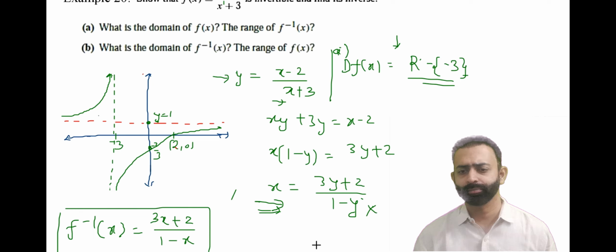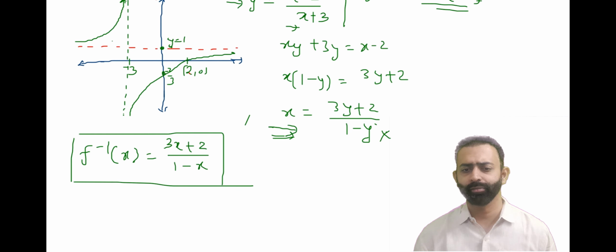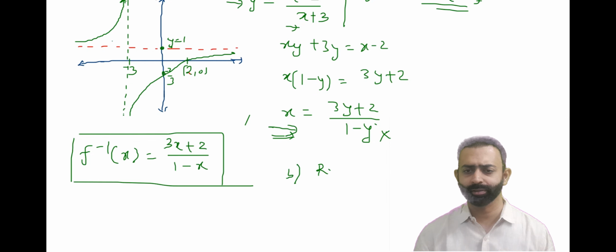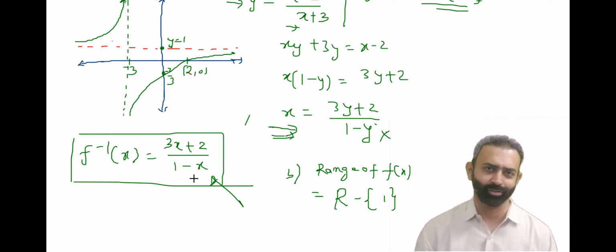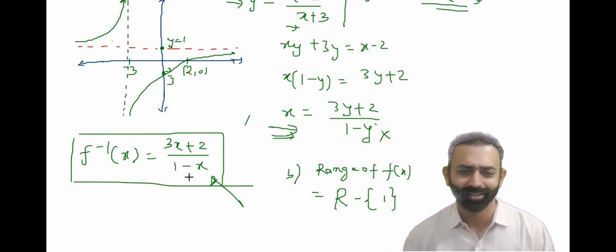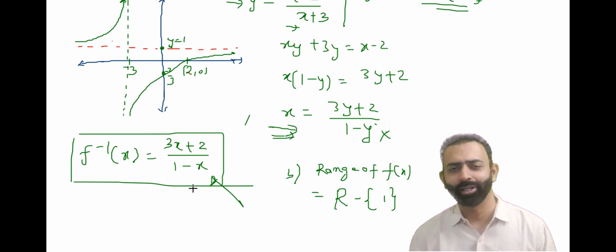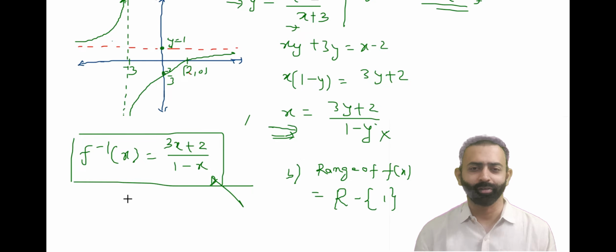For the B part, the domain of f inverse, meaning the range of f(x), as we can see from the graph, is all real numbers except 1. And clearly it gives you the domain of the inverse function, that x cannot be equal to 1. Okay, so that's how the input and output of the function are related to the output and input respectively of the inverse function.